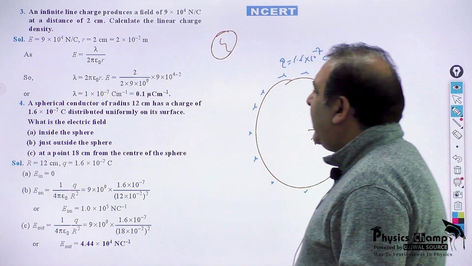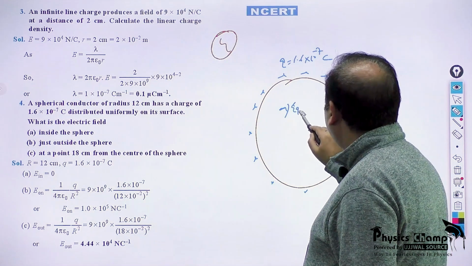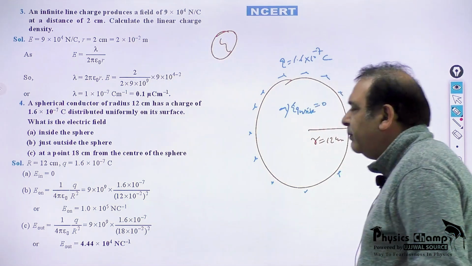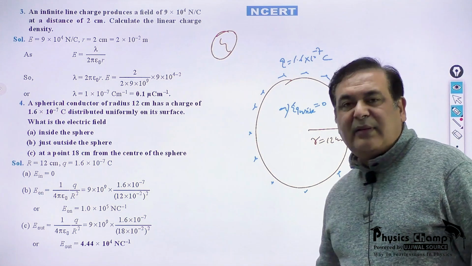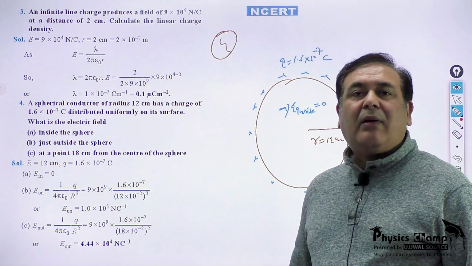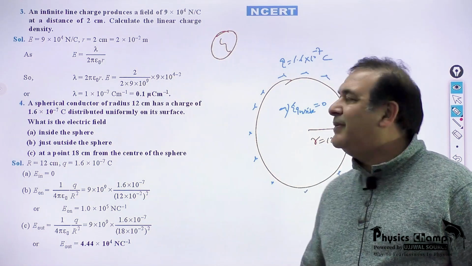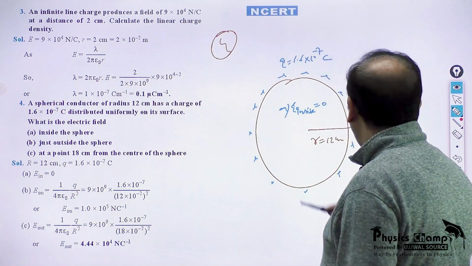What is electric field inside? So if I say what is electric field inside, inside electric field will be 0, because no electric field is there within a shell or within a conductor, for which the whole charge will come on the surface. Second, what is the electric field just outside the sphere?